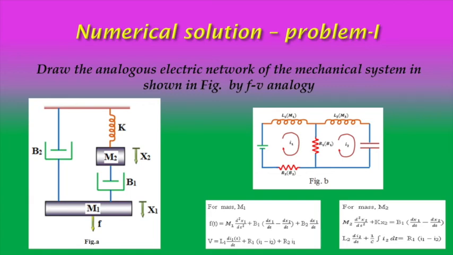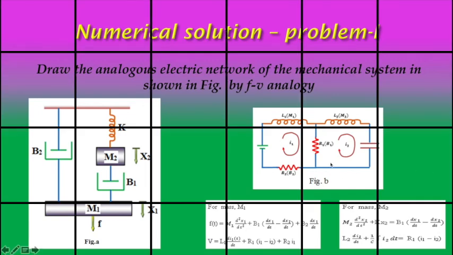R1 is common to both loops, so current I1 minus I2 flows through R1, just as the force on B1 depends on dx1 by dt minus dx2 by dt. The analogous electric network of the mechanical system based on the force-voltage analogy is shown in figure B.